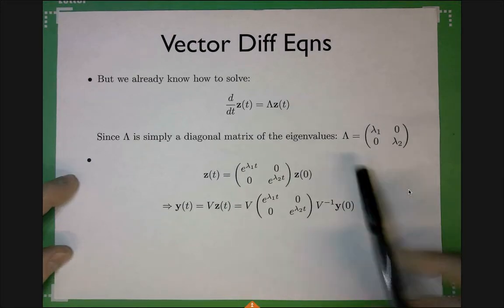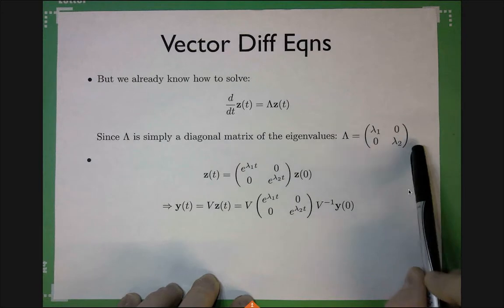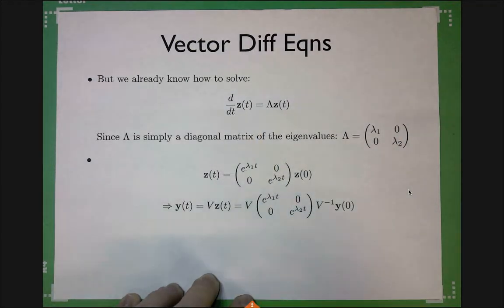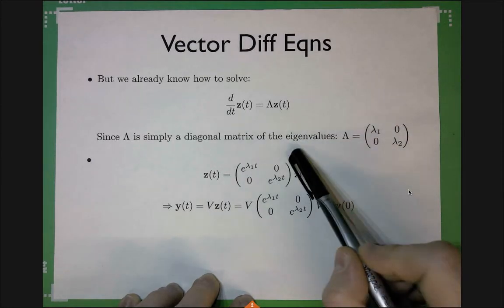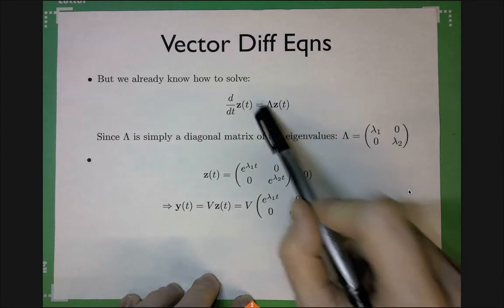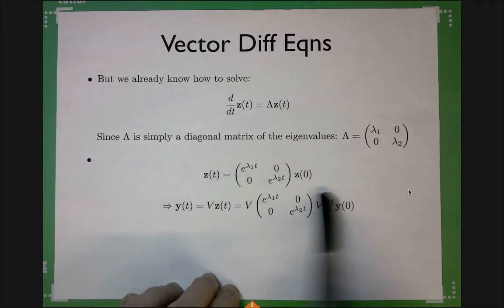It's just a diagonal matrix. The point is that the coordinates now are decoupled. If it's a diagonal matrix, then it just multiplies every single coordinate of z by some scalar. So the coordinates don't couple together, like in the case of a general matrix. So the solution is just like before.